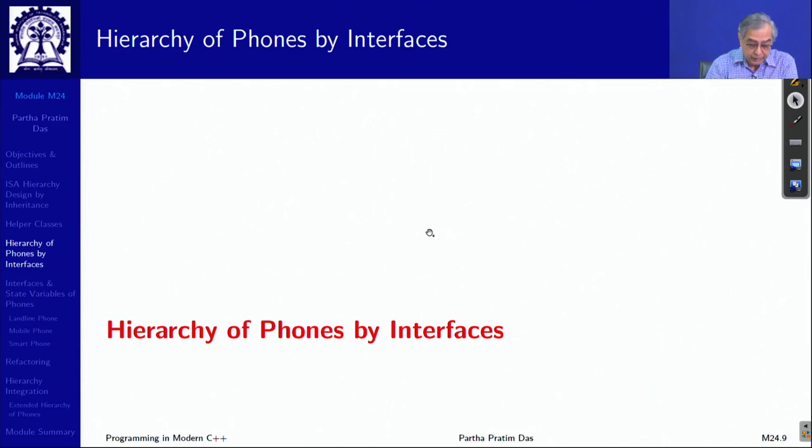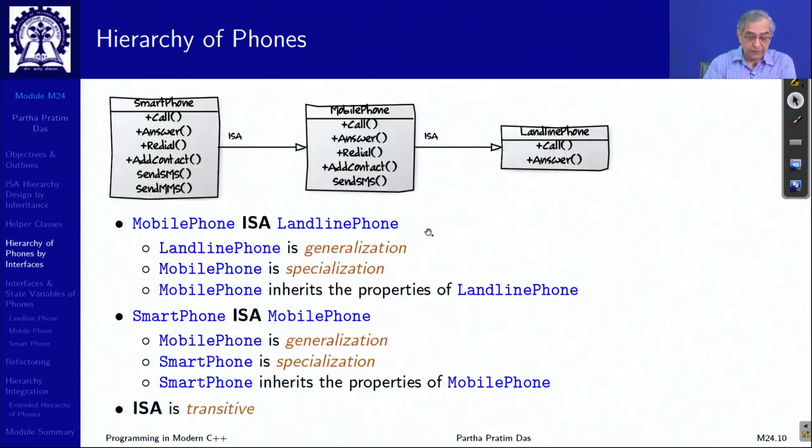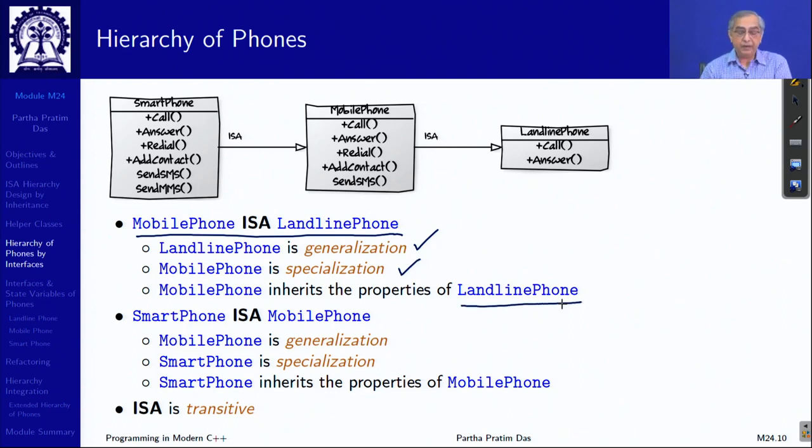So, then I go to defining the hierarchy of phone by interfaces. The basic hierarchy, the easier relationship that I have, is mobile phone. This is what we have done earlier. Mobile phone is a landline phone. So, landline is a generalization, mobile is a specialization, it inherits the properties of landline phone. Similarly, smartphone is a mobile phone.